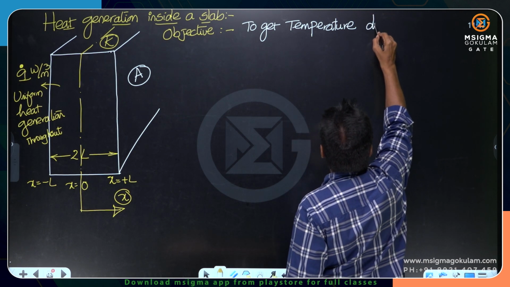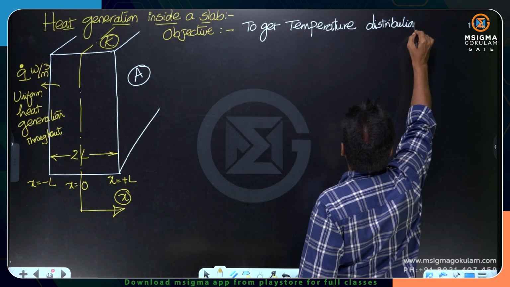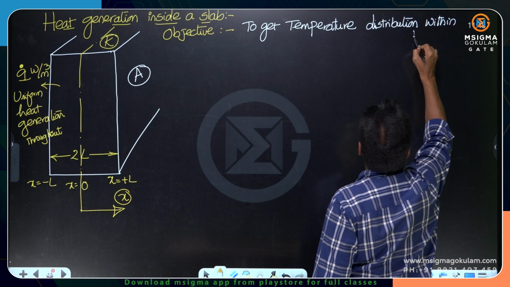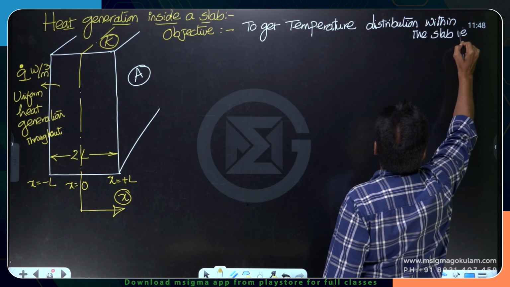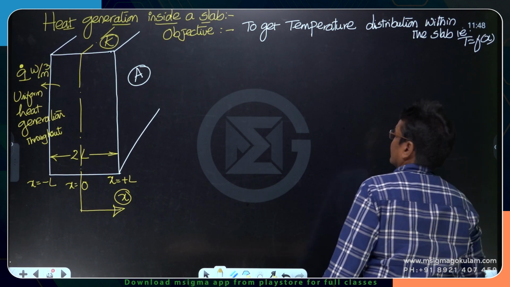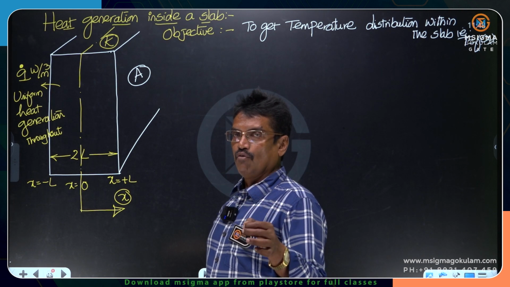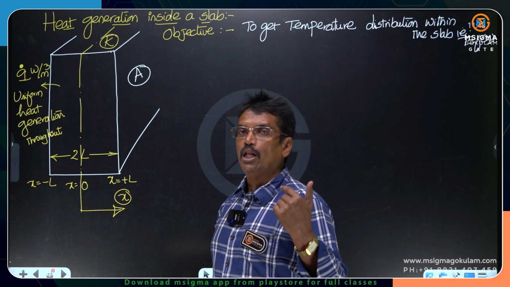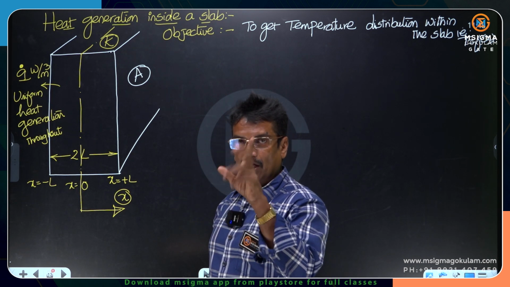To get the temperature distribution within the slab, that is temperature as a function of x. Once I get the temperature as a function of x at any location inside the slab, I would be able to calculate the temperature, and you would be able to plot the temperature profile also.